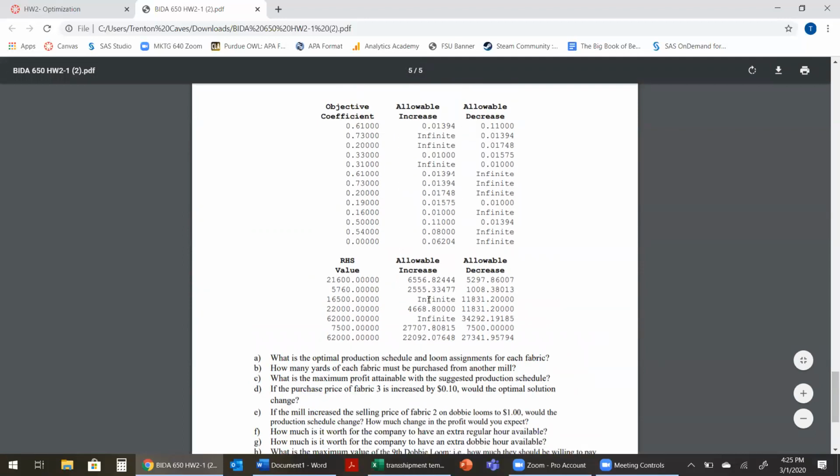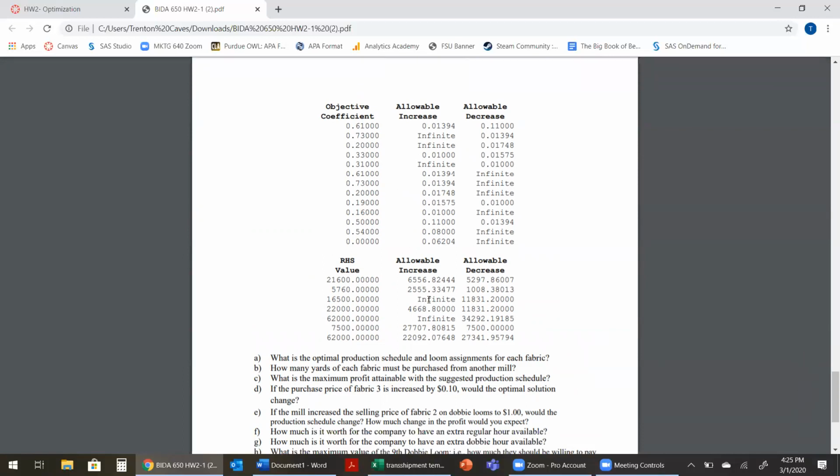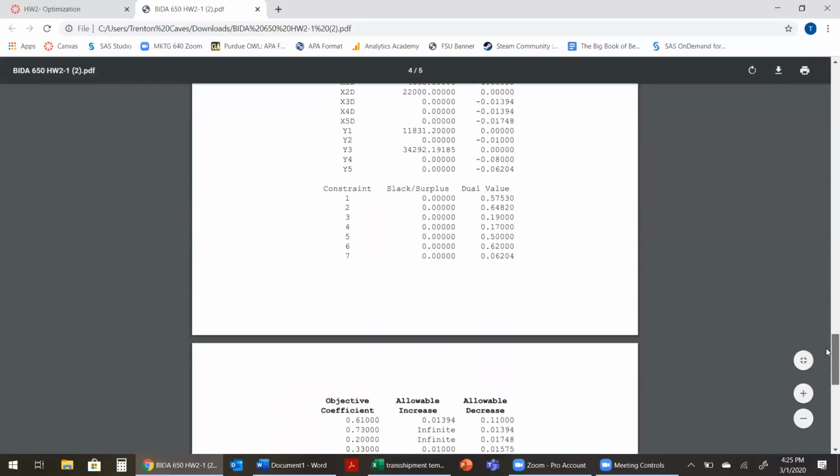There's no limit on how much we can increase our demand to, but if our demand decreases by more than 11,831.2, then our 19-cent value will have to be recalculated.